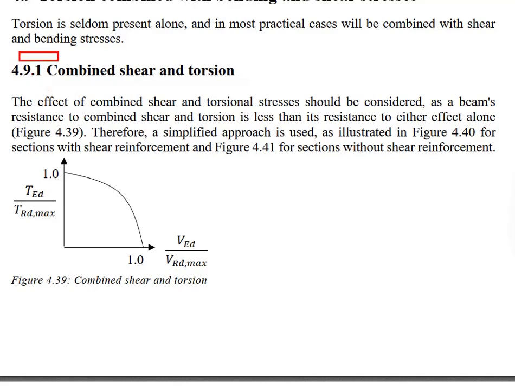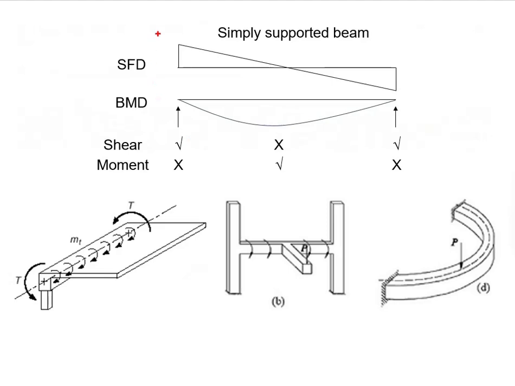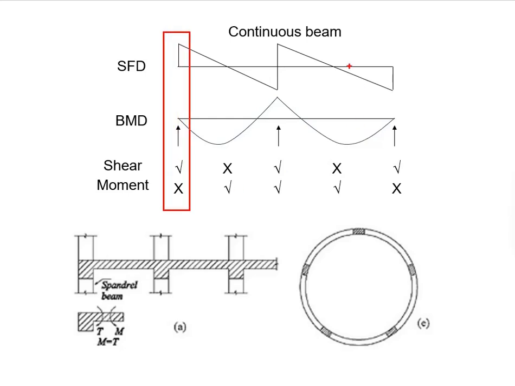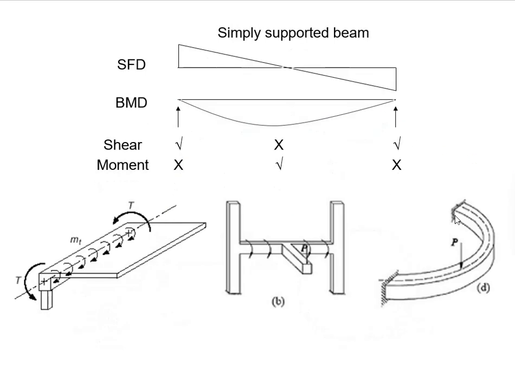Now, when we talk about the combined shear and torsional load, that means we are referring to the sections here, here, here, and here, where you do not actually expect any moment acting at the end support for both the continuous beam and the simply supported beam.